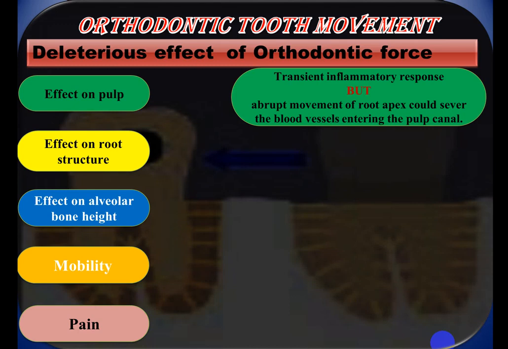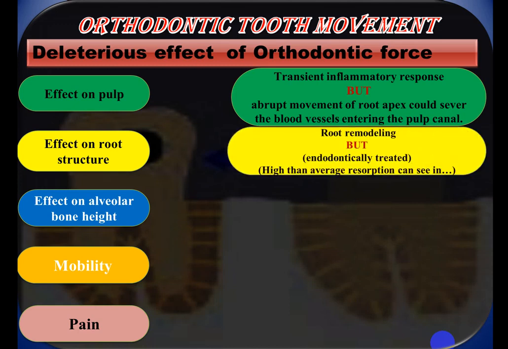The second one: does the orthodontic force have any effect on the root structure? Like the bone remodeling that occurs in the bone surrounding the tooth, the root also will be affected by the orthodontic force, and there will be root remodeling, which is a normal feature of orthodontic tooth movement.